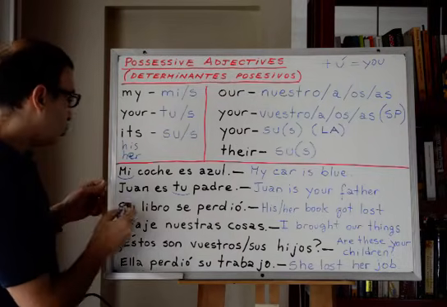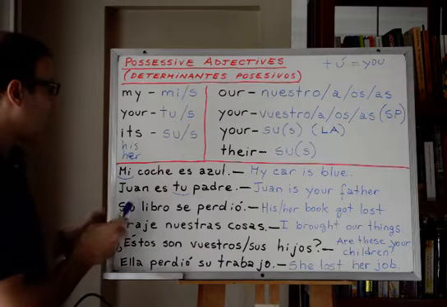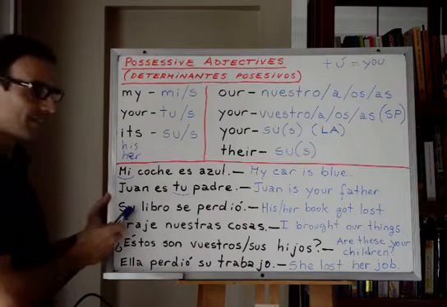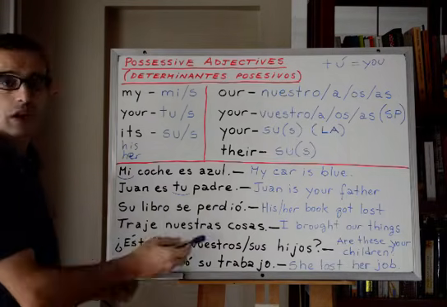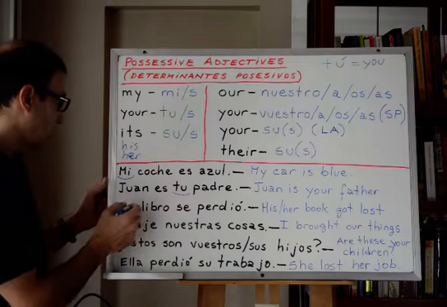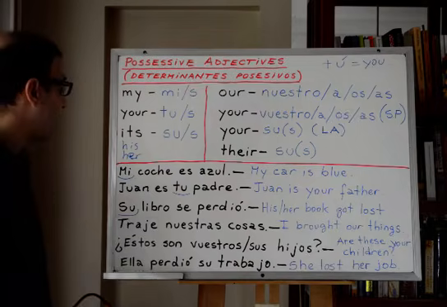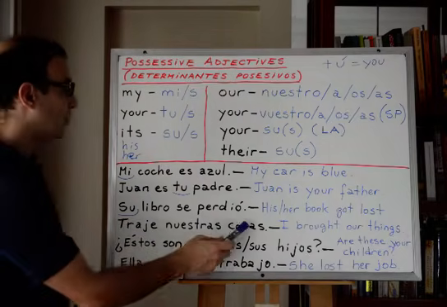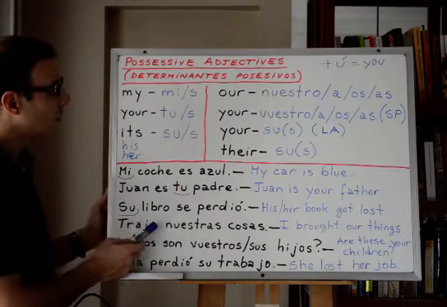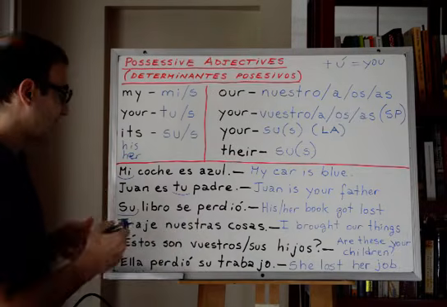Now, su libro se perdió. His or her or its book got lost. Su is a possessive adjective. Traje nuestras cosas. I brought our things.